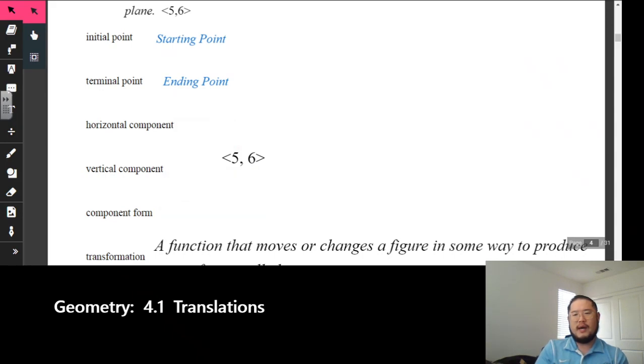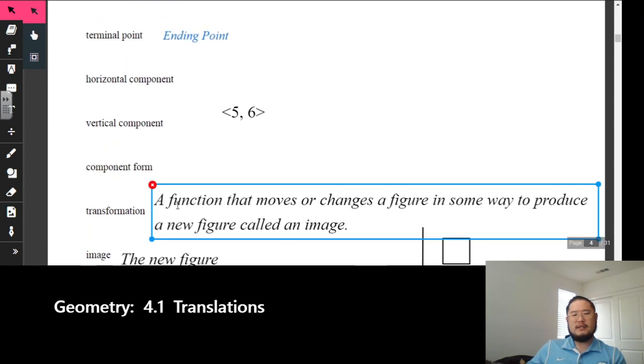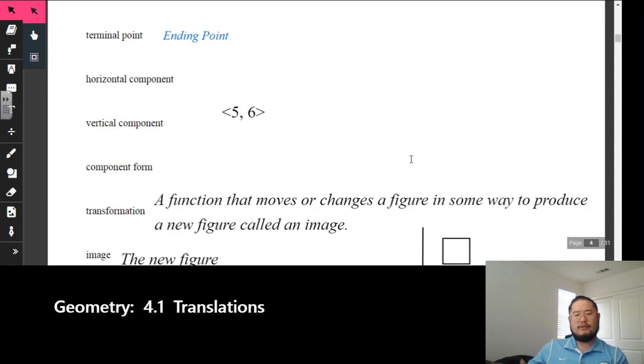Let's move down to our next term, and we have transformation. A transformation is a function that moves or changes a figure in some way to produce a new figure called an image. So when I talk about something that's been moved, where it ends up is what we call the image. Before something got moved is what we're going to call the pre-image.